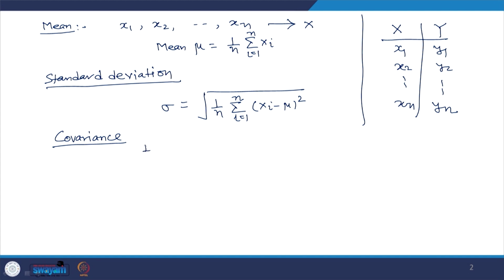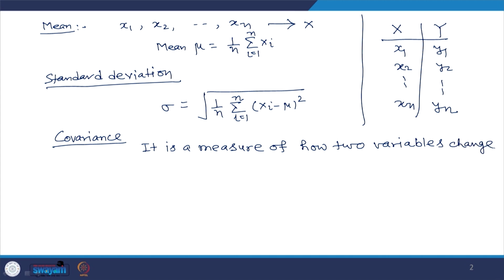It is a measure of how two variables change together.